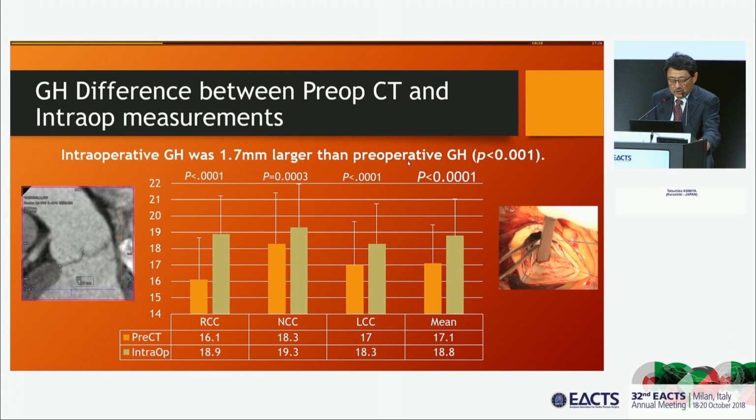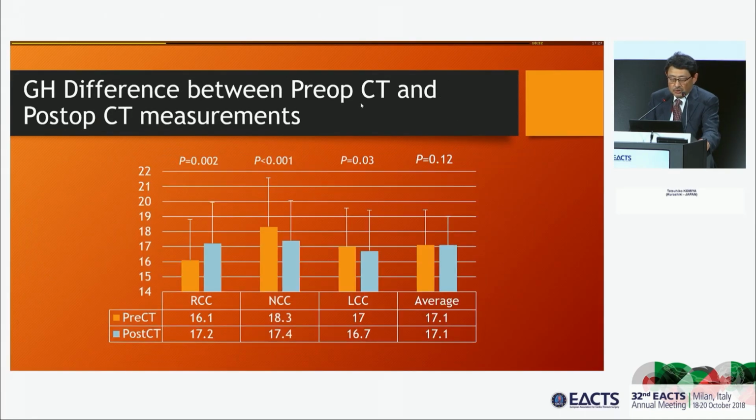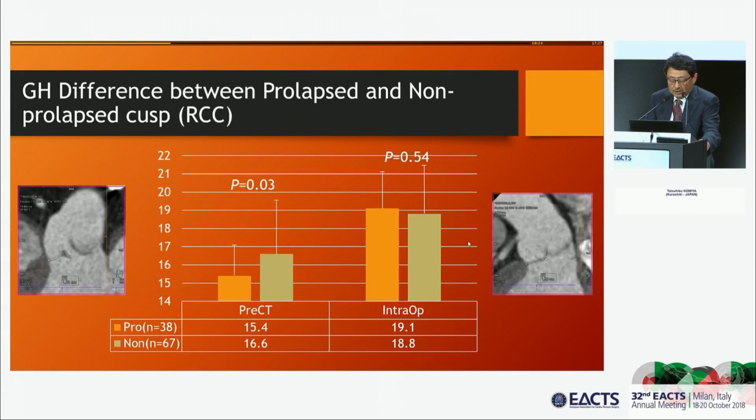But between the preoperative CT and the postoperative CT, the average geometric height is almost identical. For prolapsed cusps, the preoperative CT measurement was smaller than non-prolapsed cusps, but intraoperatively the geometric height was almost the same.